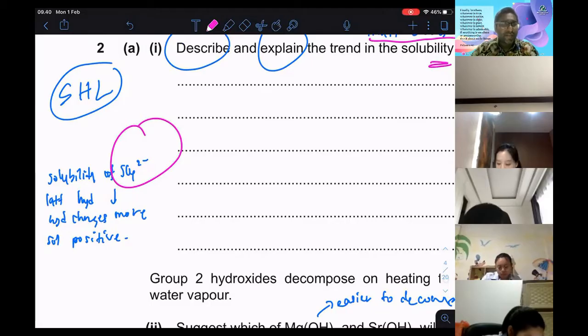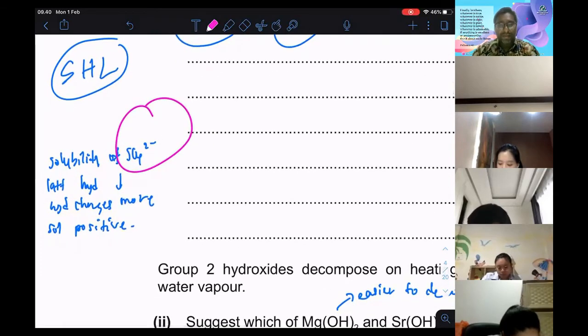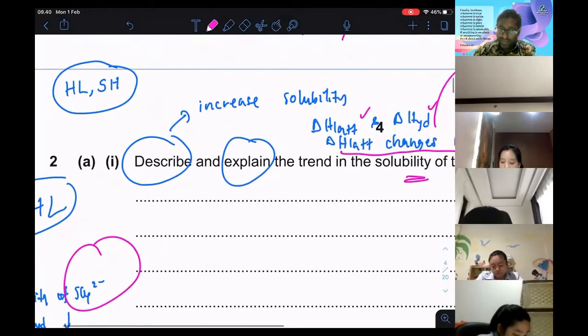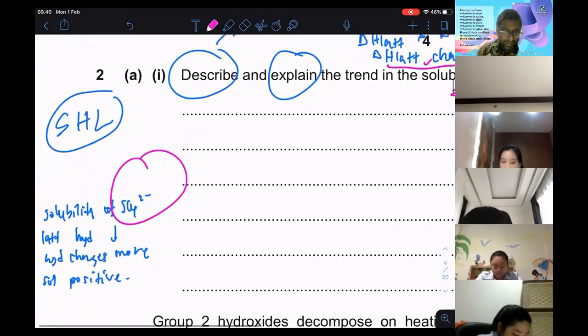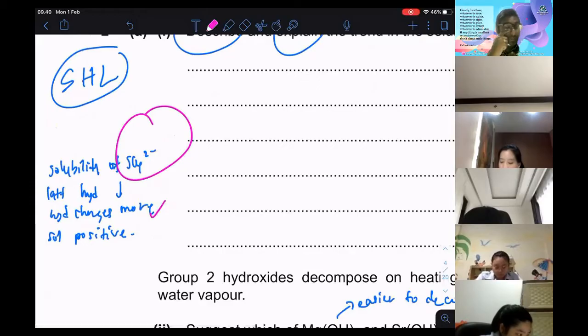Why? The enthalpy of lattice and hydration are both going to become less exothermic. That is actually the same for hydroxide and sulfate. But which one changes more? For hydroxide, the one that changes more is lattice. In this case, the hydration changes more compared to lattice.